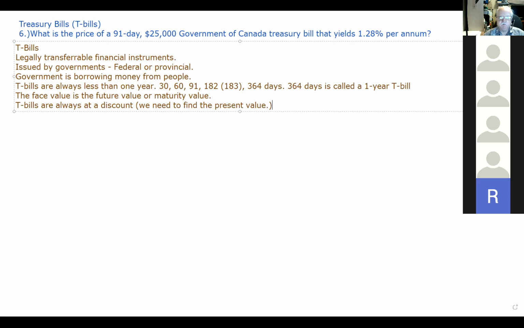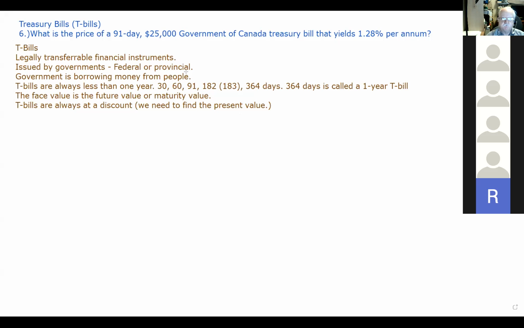In other words, the basic T-bill problem is we need to find the present value. So let's take a look at this T-bill that they've given us. Well, it'd be nice if they'd given it to us. It's worth $25,000, but they didn't give it to us. They've just told us we have to work with it.